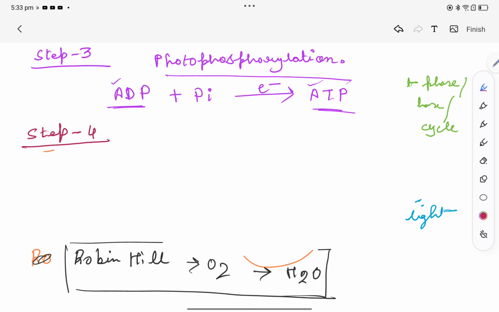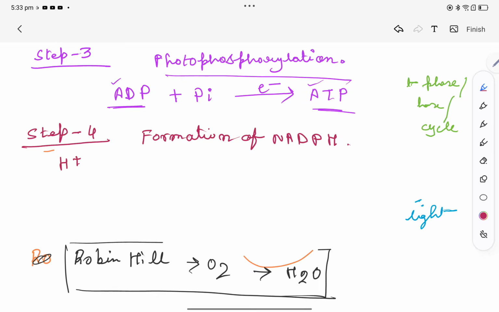Step 4 is formation of NADPH. In photolysis we got electrons and we got protons, right?